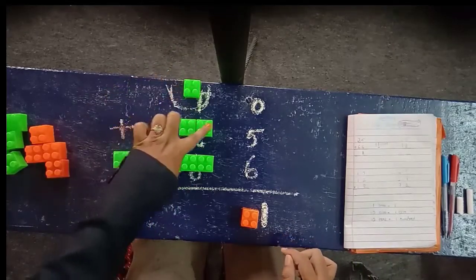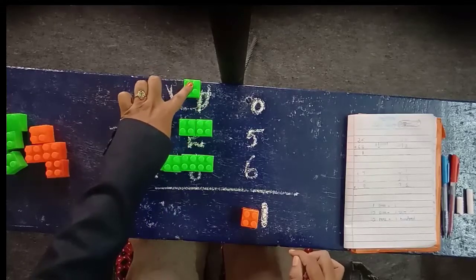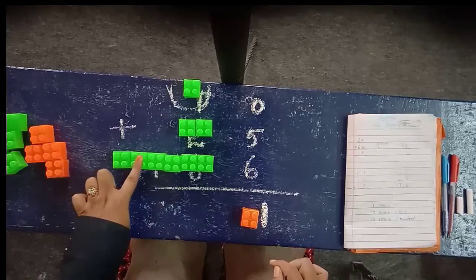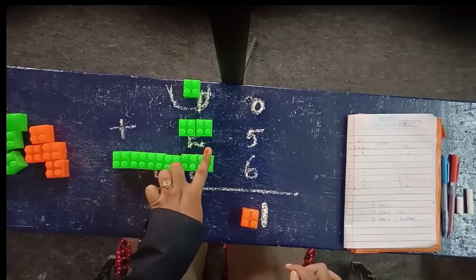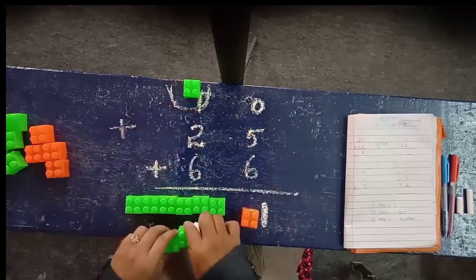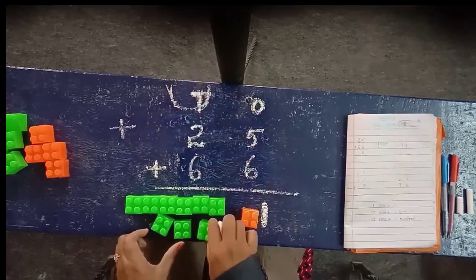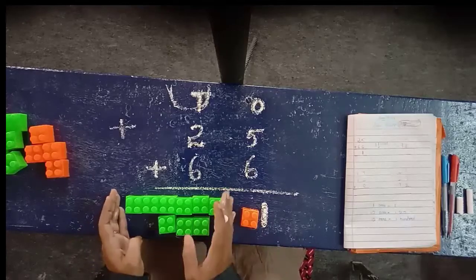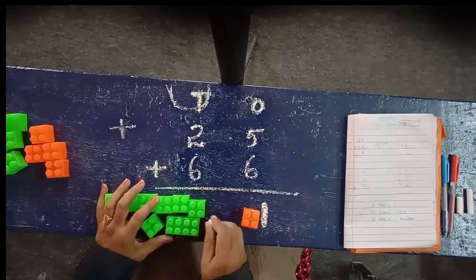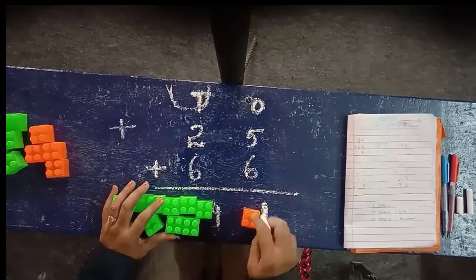Now let's count the tens digits, children. 1, 2, 3. You need to count the carry also: 1, 2, 3, 4, 5, 6, 7, 8, 9. So 9 blocks I can take as the answer here. 9 is a single digit number, no? So we can take only 9 here.